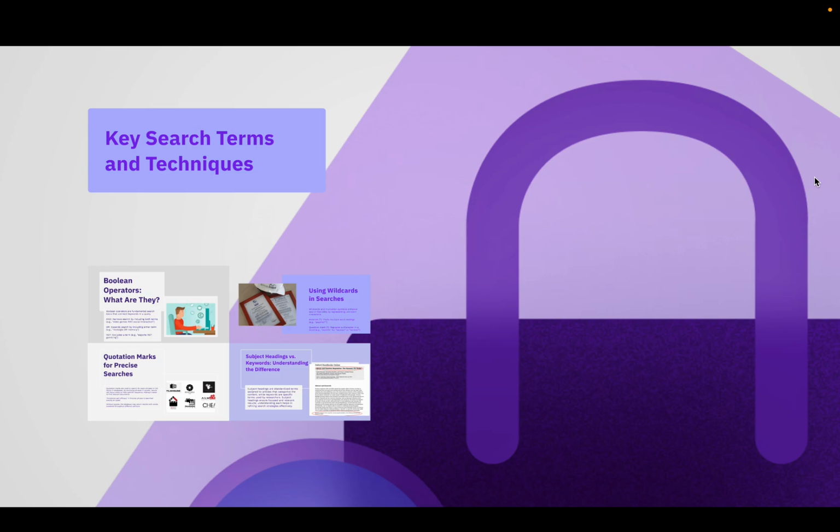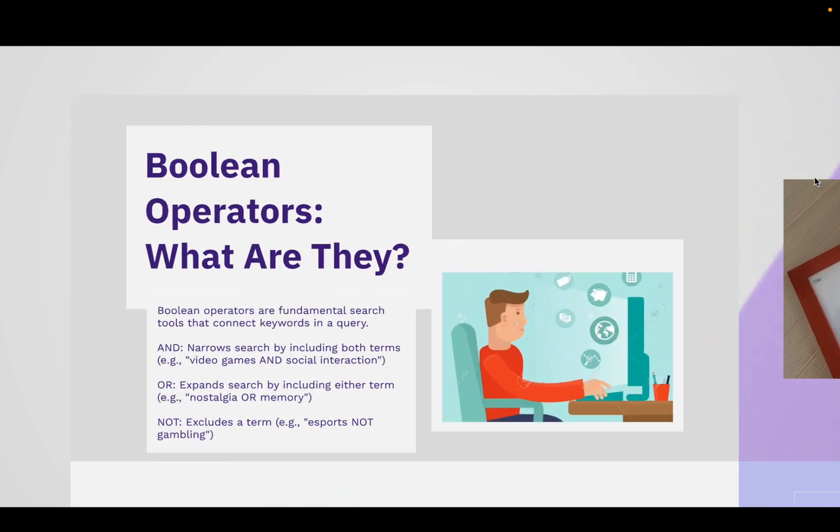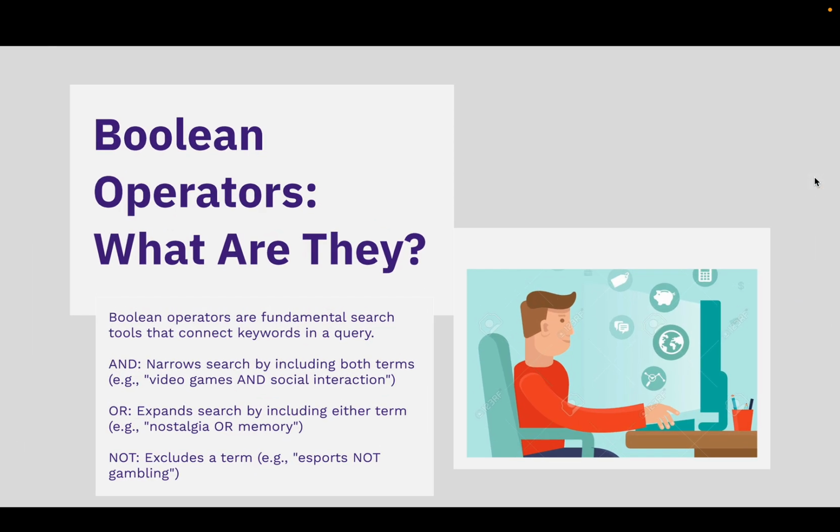So, there are going to be a few key search terms and techniques that you can use when looking for your papers. Boolean operators, what are they? They are fundamental search tools that connect keywords in a query. So, for example, you have the words and, or, and not.